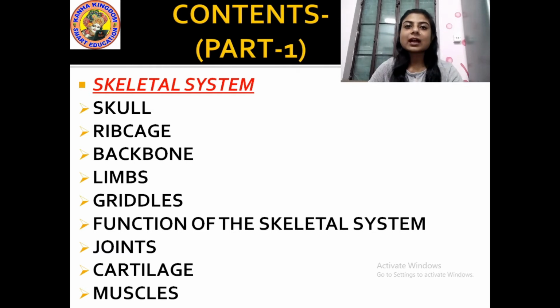So these are the topics included under the skeletal system. Now let us begin with the skeletal system.